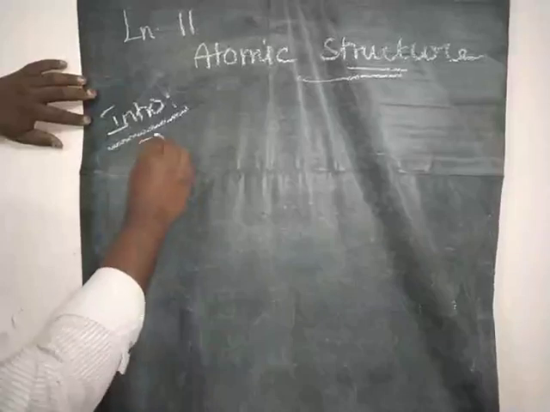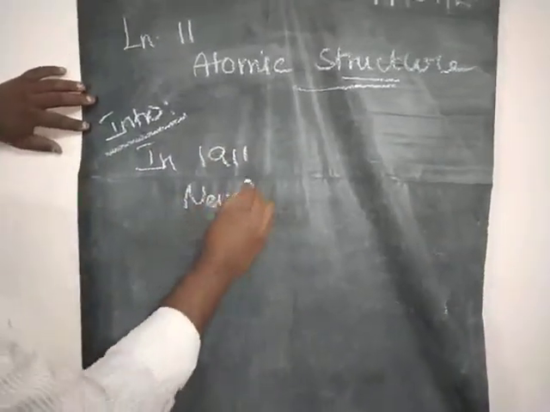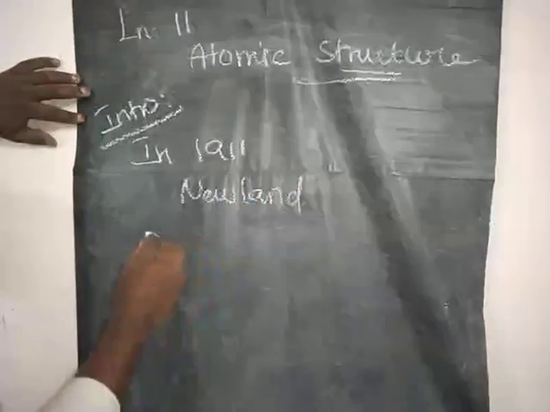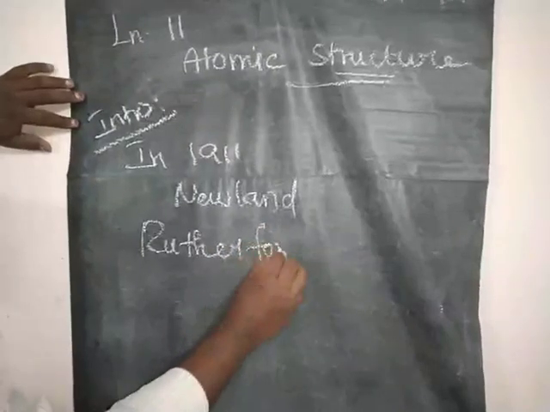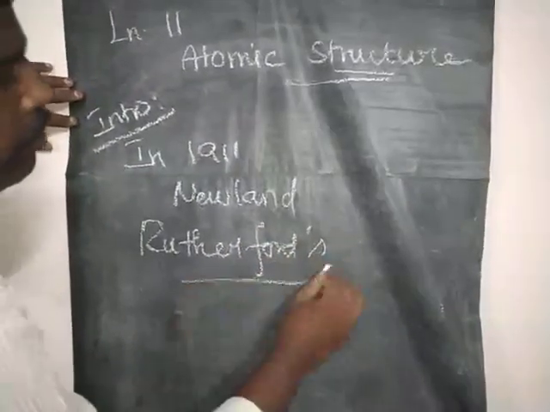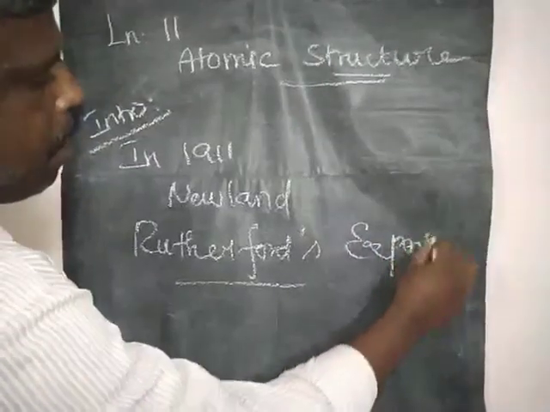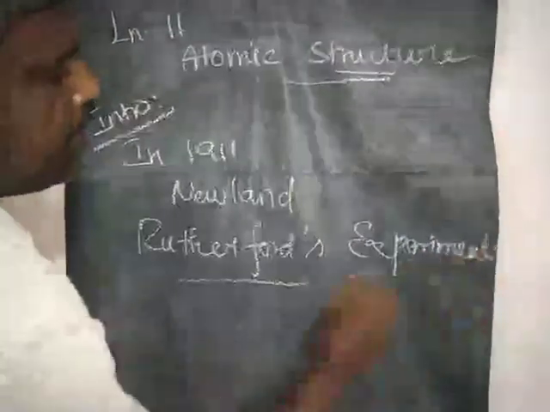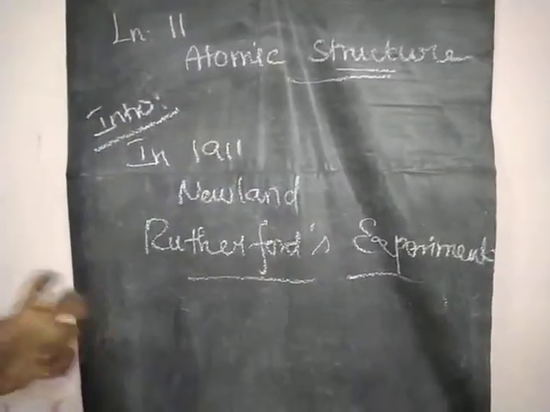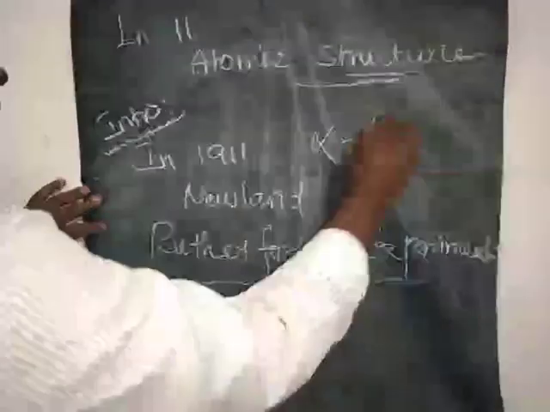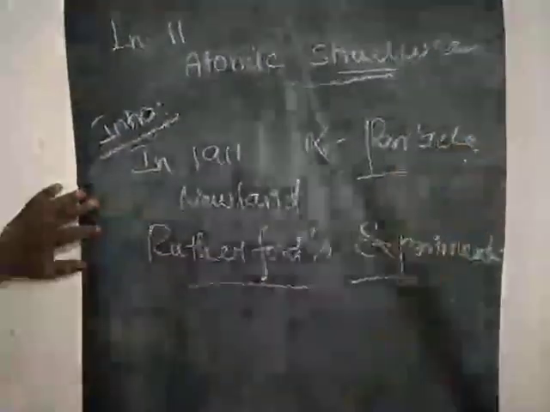In the year 1911, New Zealand scientist Rutherford conducted one famous experiment, called the alpha particle scattering experiment.